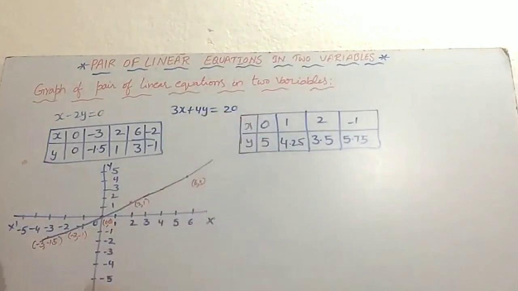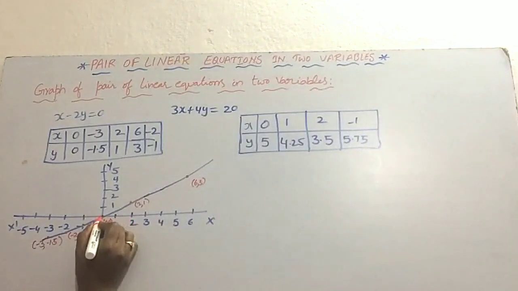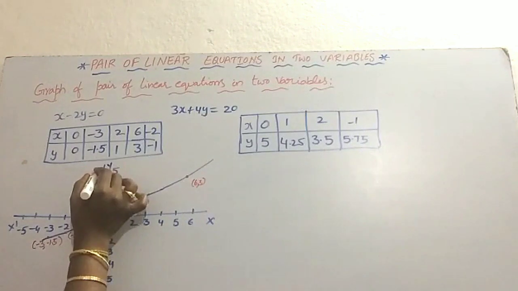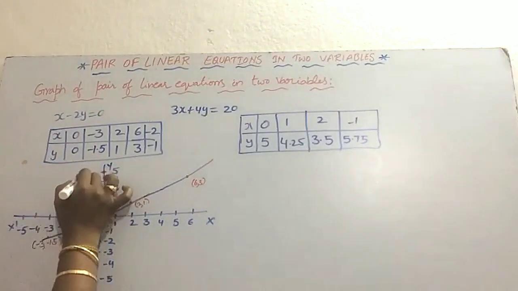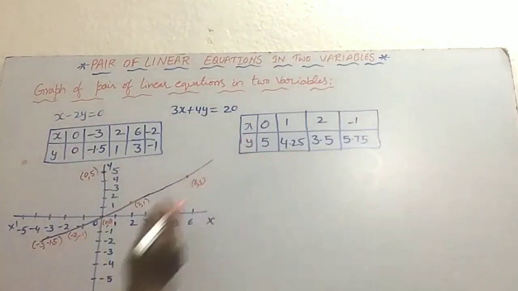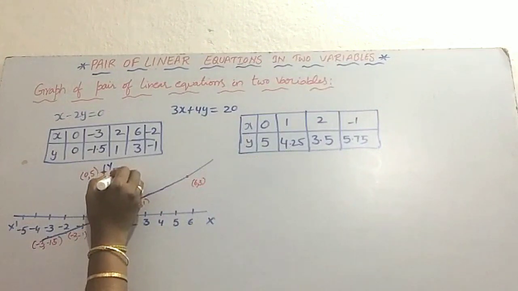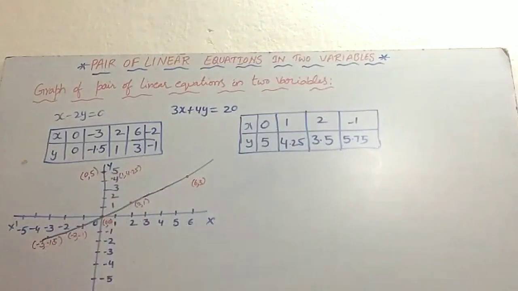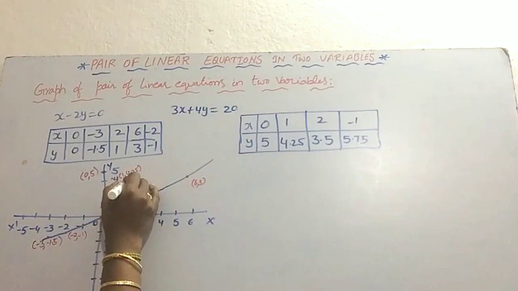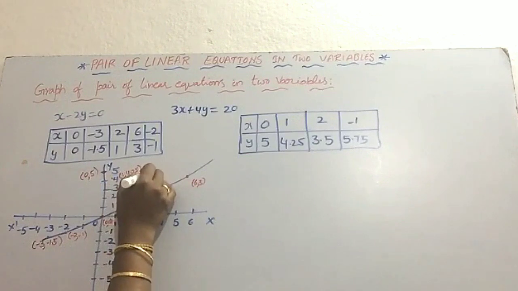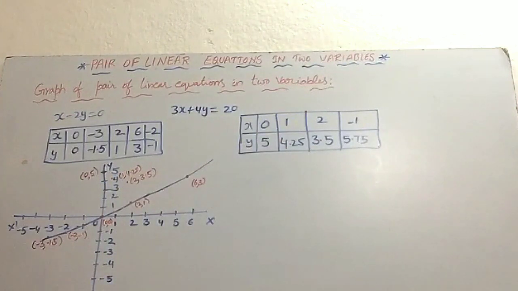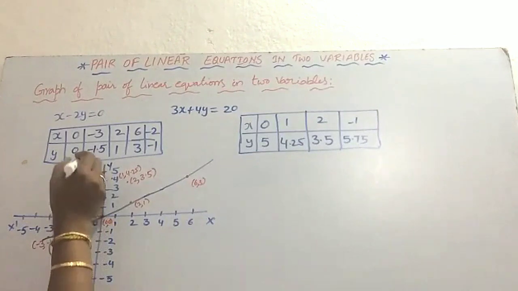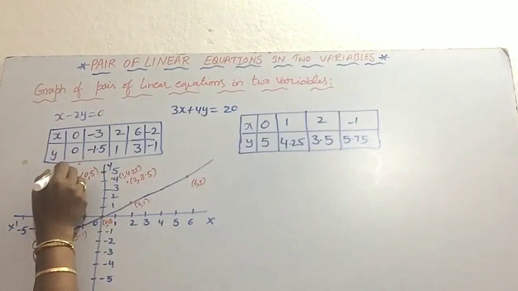So now we will draw this linear equation in the same graph. The points are 0, 5 on the y axis; 1, 4.25; 2, 3.5; and minus 1, 5.75.